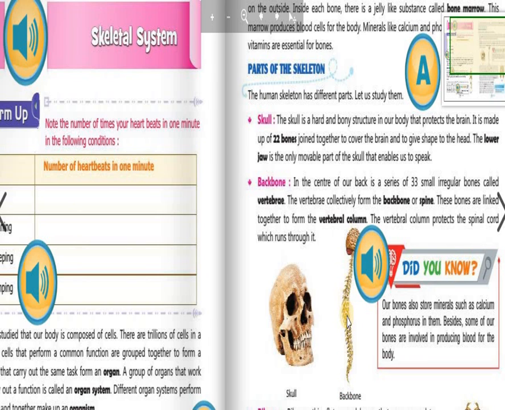And in this spine there is an inner cord which is called the spinal cord, which is protected by the backbone, and the bones which are linked together are also known as the vertebral column, and each individual piece is known as a vertebra.